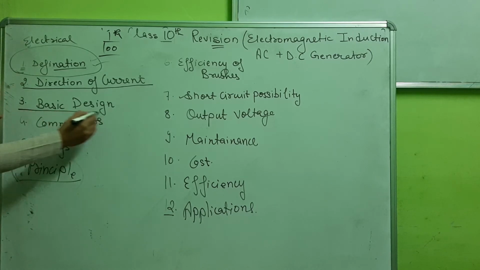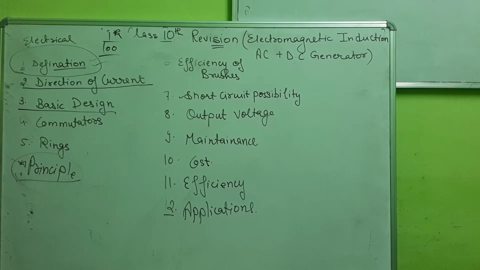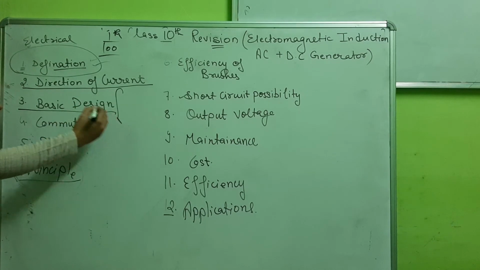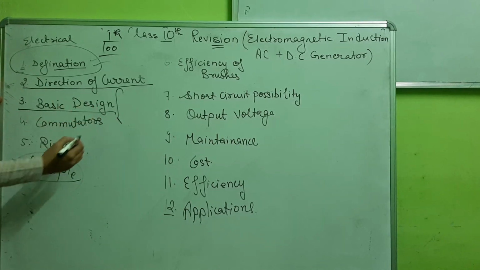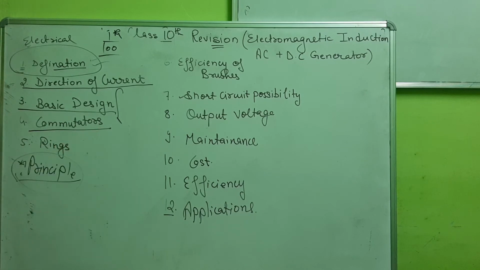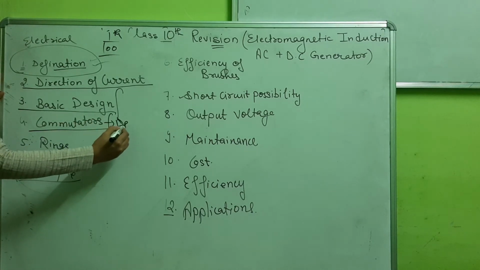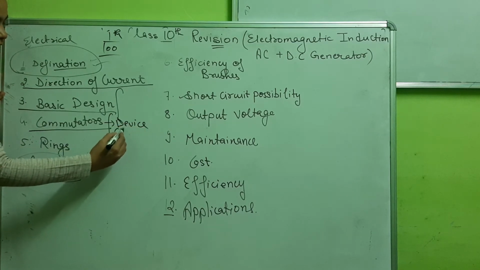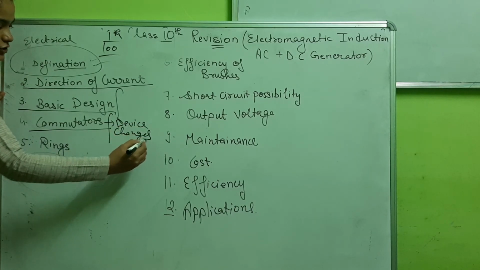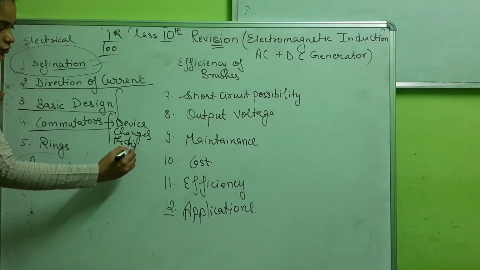What is the basic design? Both of them have almost the same basic design, but in AC there is no commutator. What is the commutator? Commutator is basically the device which changes the direction of current.